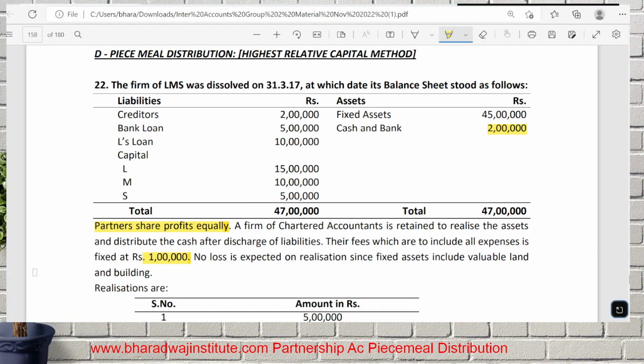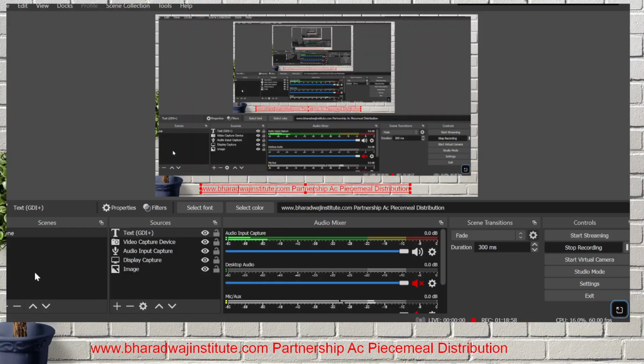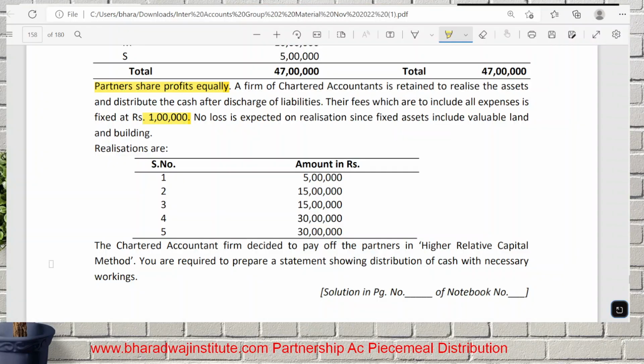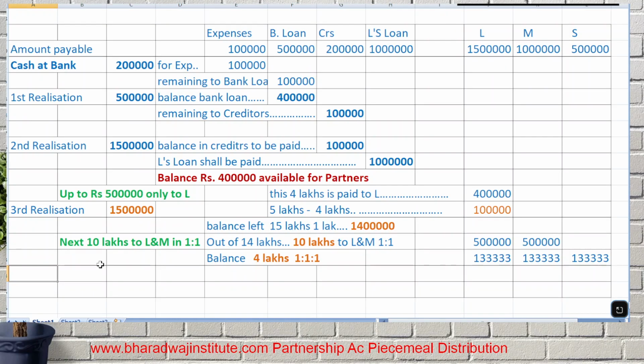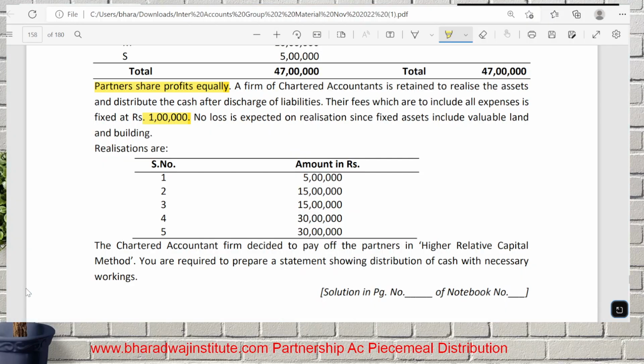Then which realization next? Fourth realization. What is the fourth realization? 30 lakhs in a ratio, 1:1 ratio. Then fifth realization also 30 lakhs.